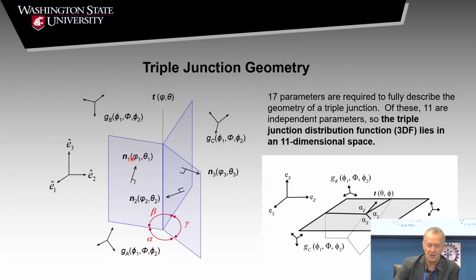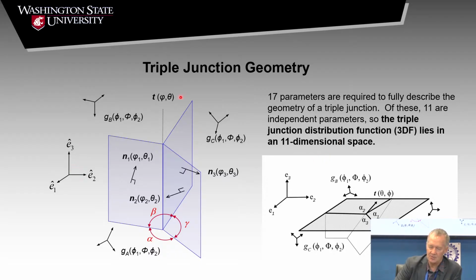We have 3 boundary normals. And then we have these angles between the planes. We call those dihedral angles. And the dihedral angles, as you see on a plane surface, aren't necessarily the true dihedral angles, right? So you can't measure those directly from a section plane. You need the 3-dimensional data, or you have to go in stereology and pull those out. And then this is just the external reference frame.